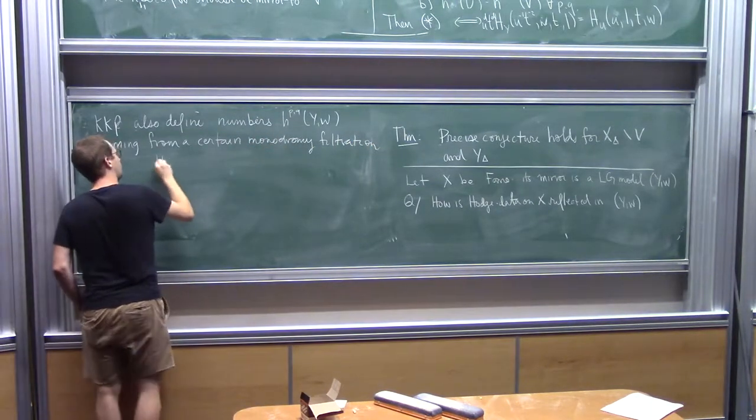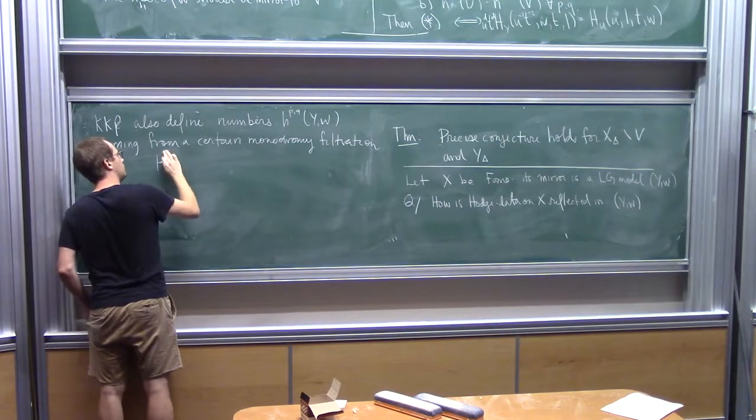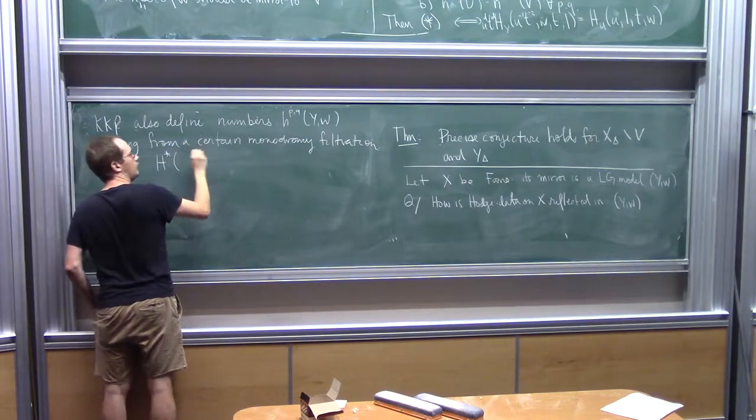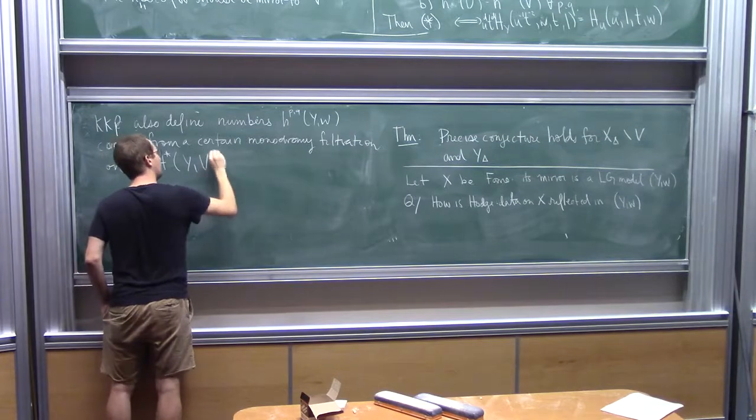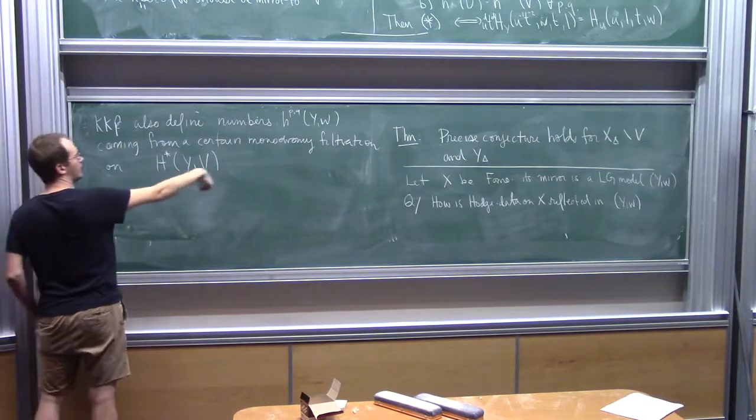And I guess if I write it this way, maybe it's not so unclear what this is. It's sort of the expected thing you get from varying V around infinity.